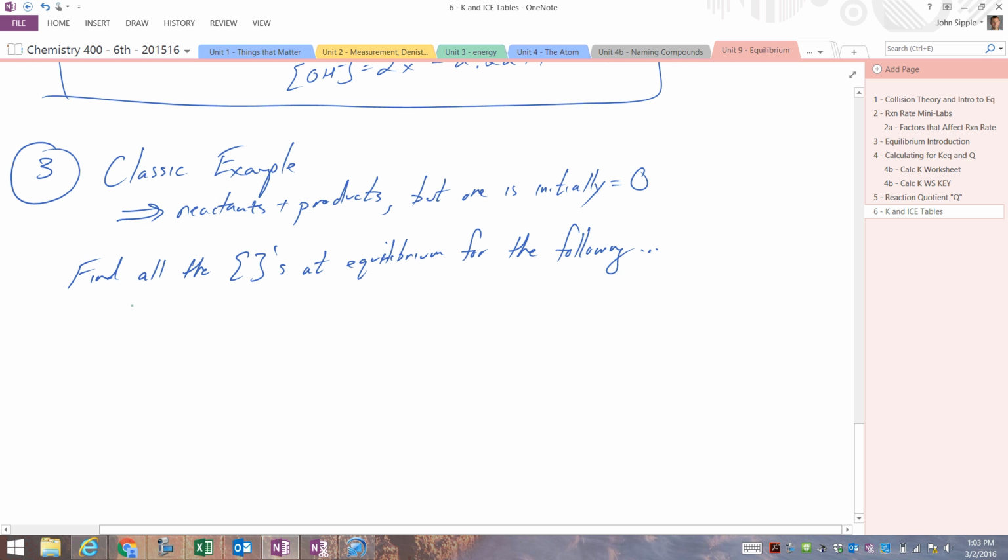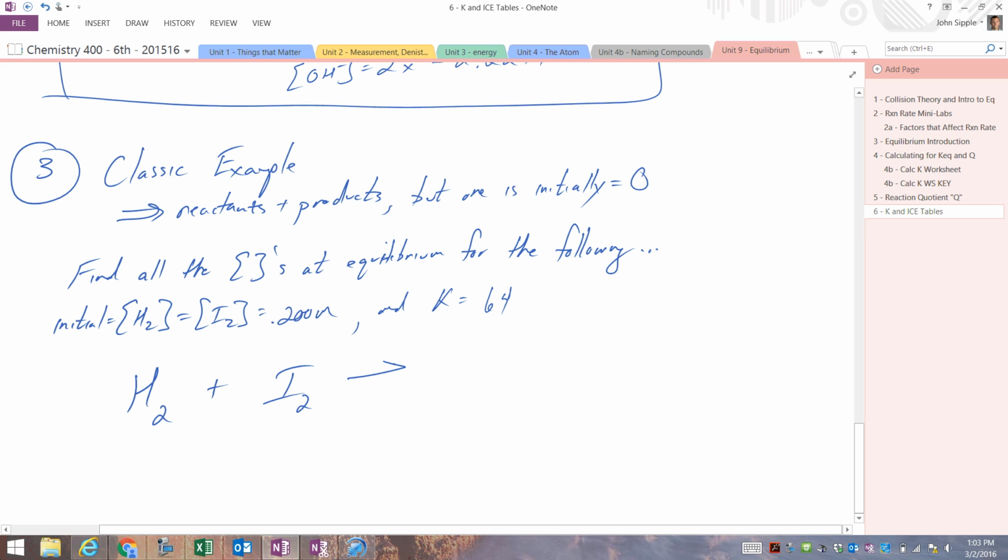The initial concentration of H2 is equal to the initial concentration of I2, and those are both 0.2 molar. And K is equal to 64. Here's our reaction, H2 plus I2 going back and forth to 2HI.